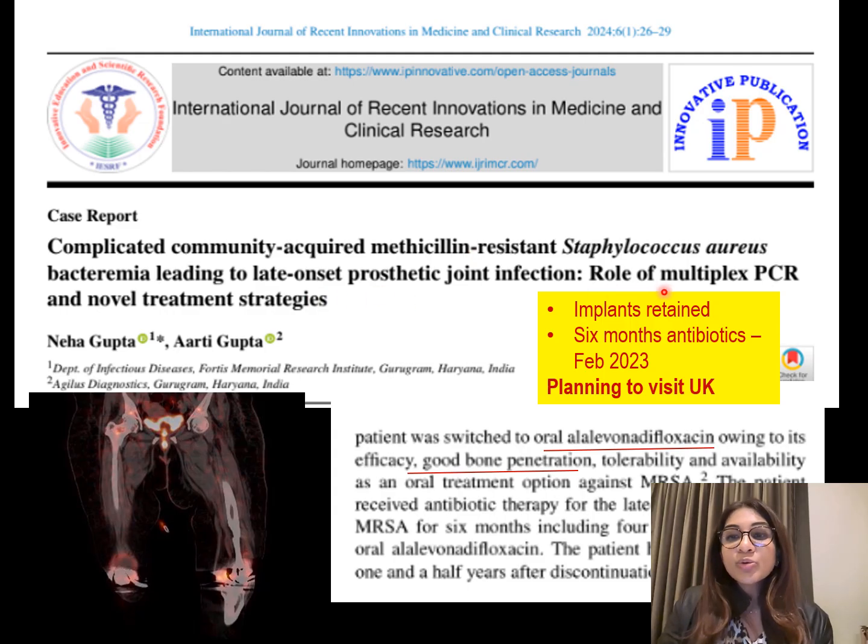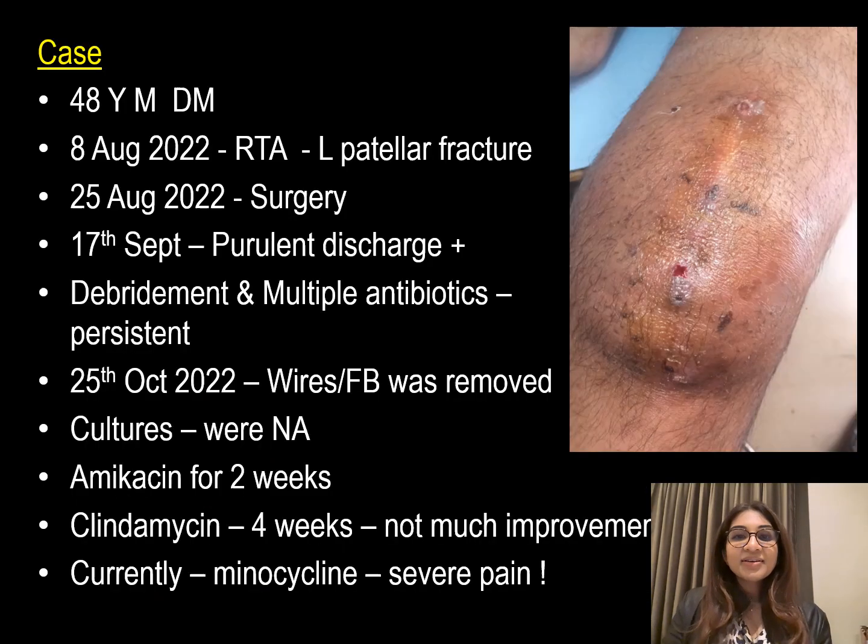This was the role of multiplex PCR in identification of a complicated community-acquired MRSA bacteremia, which had led to late onset prosthetic joint infection. Now, this patient by 2023 was doing fine, and in fact, she was planning to visit UK as well. Now, let's take another example where the joint infection panel had a clinical impact.